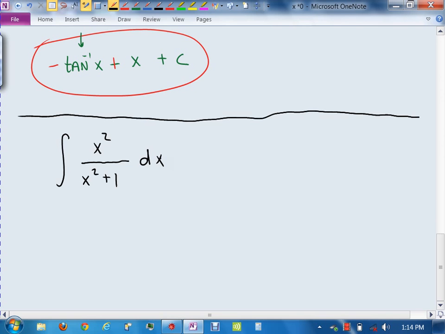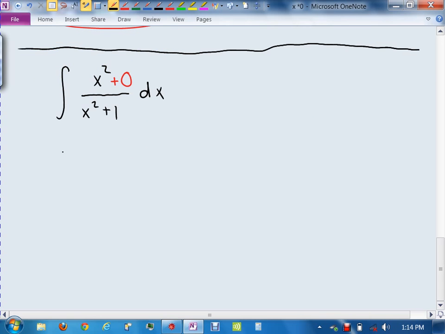But in higher level of thinking, you can look at everything as having a 0 next to it being added. So look at this x squared on top. Everyone agree that's the same as x squared plus 0, right? So I'm actually seeing a hidden 0 next to it. Now watch this. x squared plus 1 minus 1.